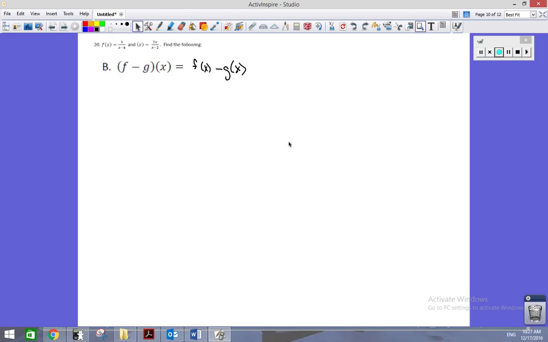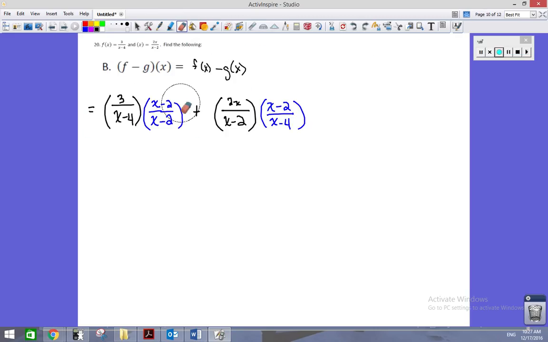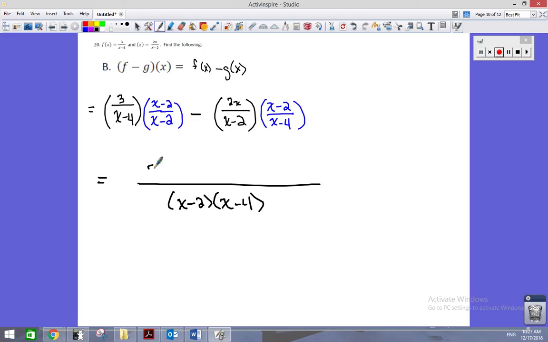The only difference between this problem and the last problem was that our operation last time was addition, well, this time it's subtraction. So we'll use our previous work. Let's distribute the 3 and we get 3x minus 6. Now this time with the minus, I need to subtract everything, not just the first or favorite term.